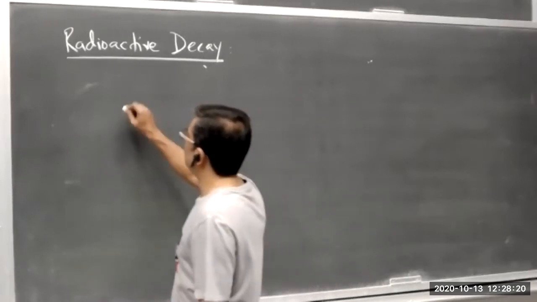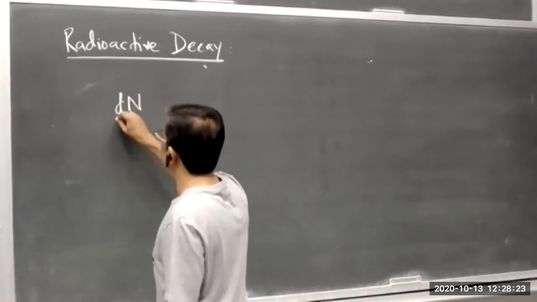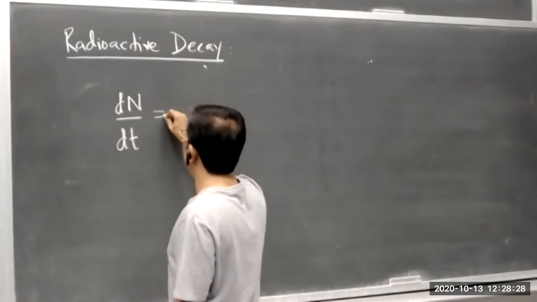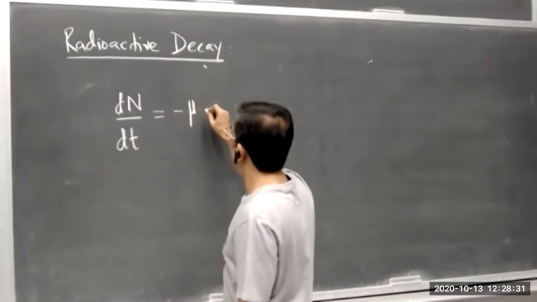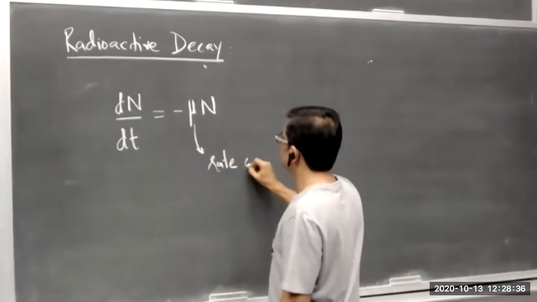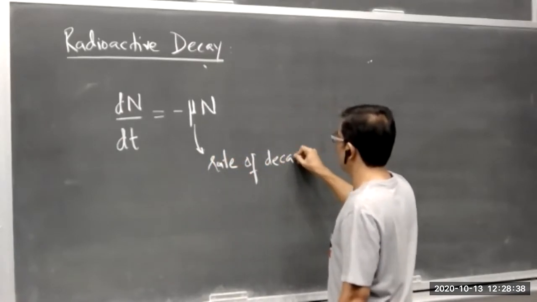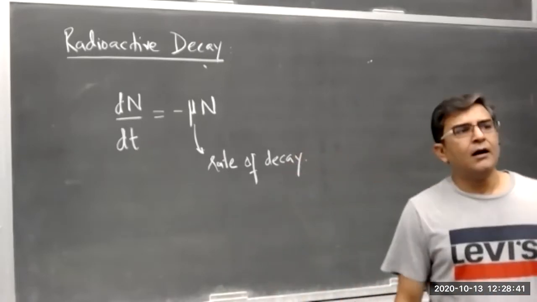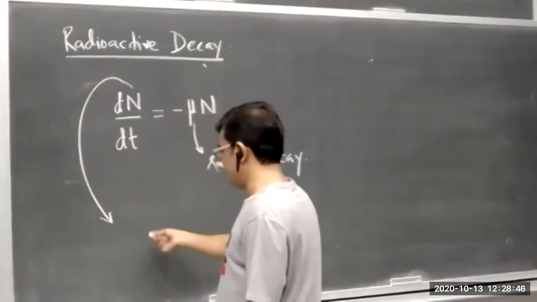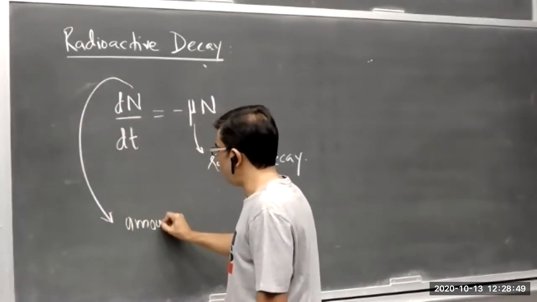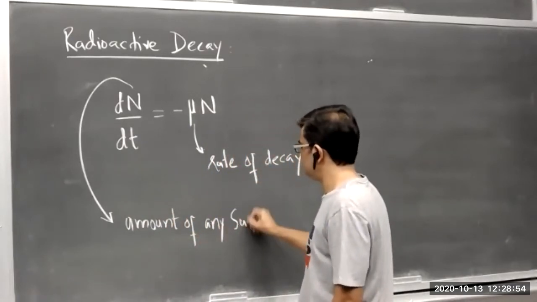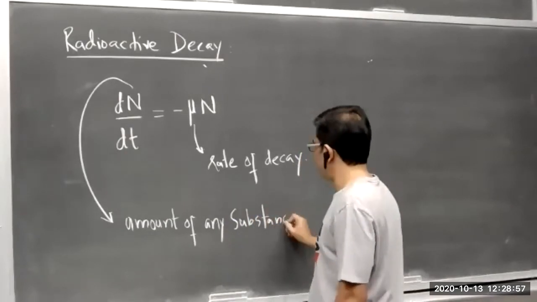These kinds of materials we model as dN by dt proportional to, or you can say equal to, negative mu times N, where negative mu is the rate of decay and N is the amount of any radioactive substance.